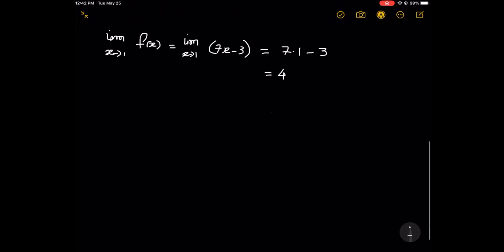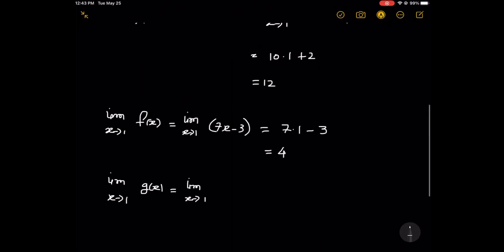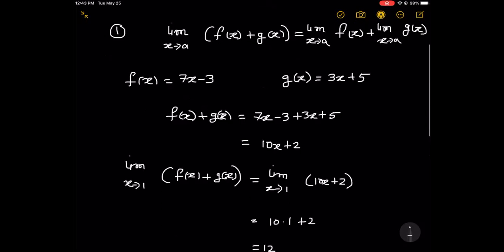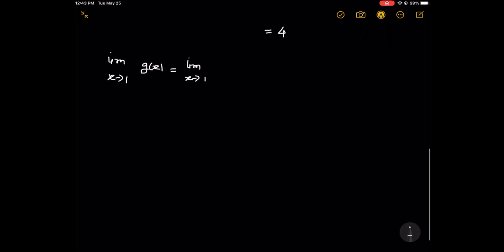And similarly, limit x tends to 1 for g of x. The function was 3x plus 5. Again, we'll plug in 1 in place of x. That gives me 8.